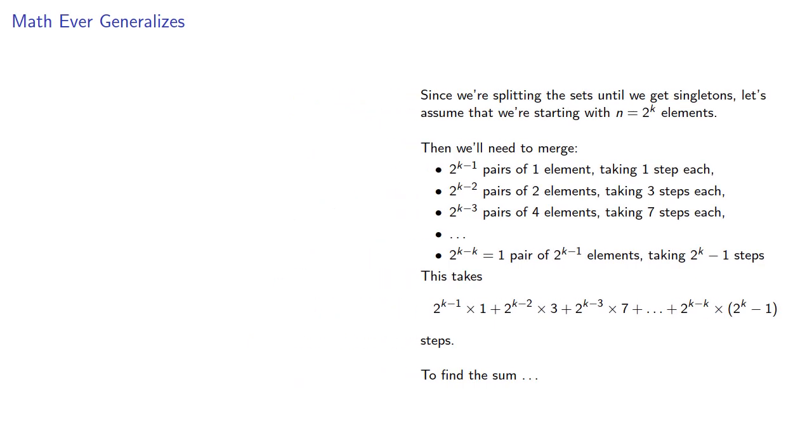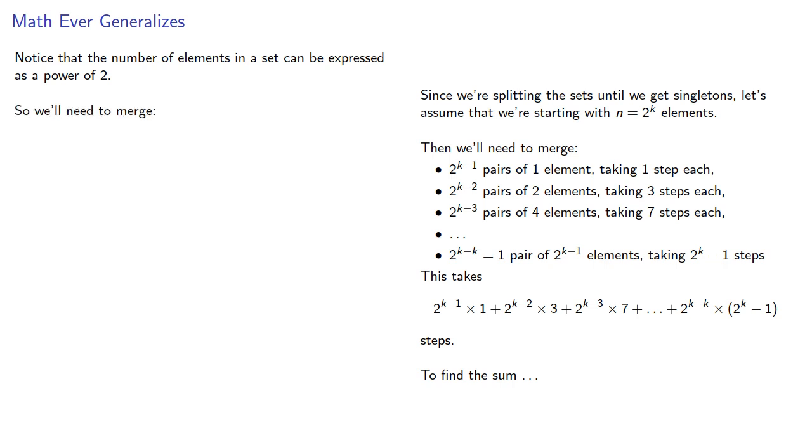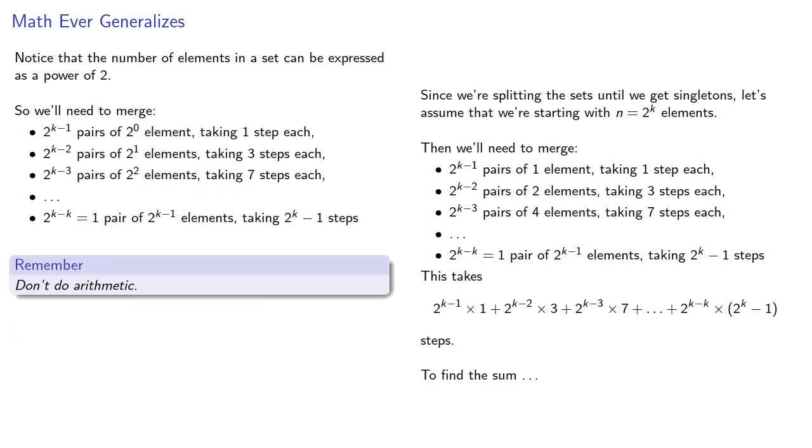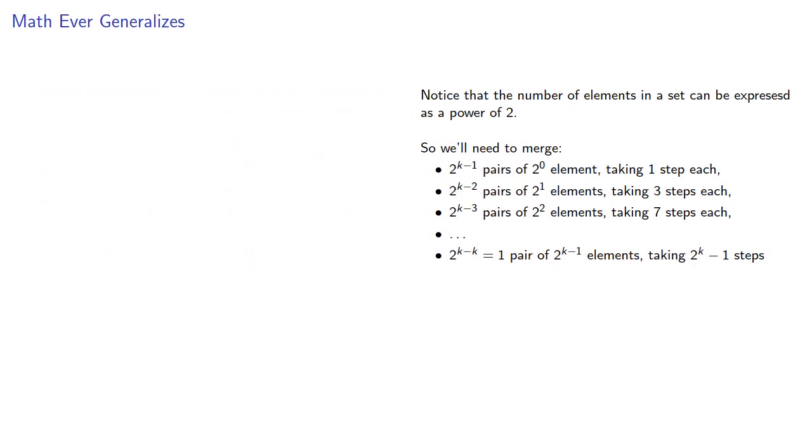so consistency counts. Note that the number of elements in a set can be expressed as a power of 2. So let's rewrite those as powers of 2. And another useful guide, don't do arithmetic. We determined that the number of computations for a set with n elements is 2n minus 1.